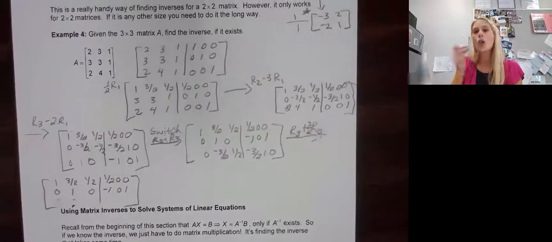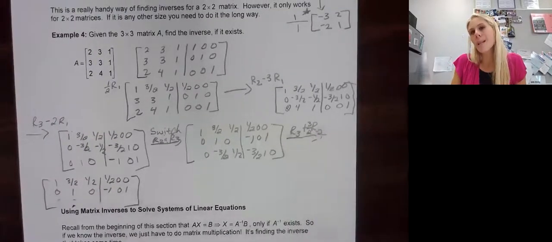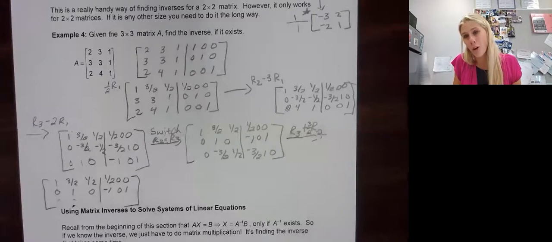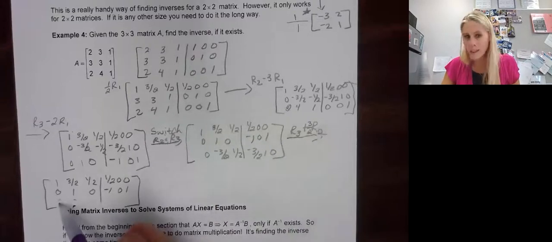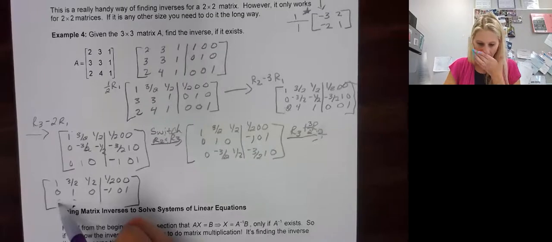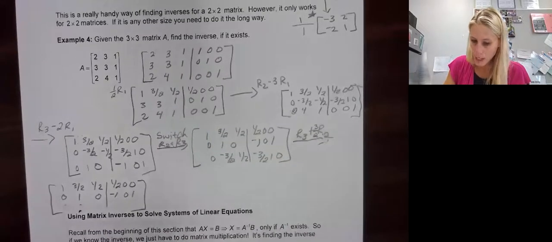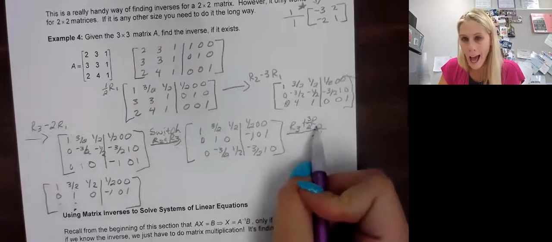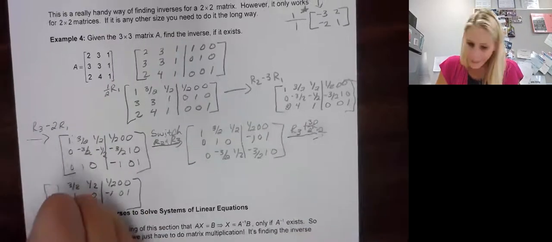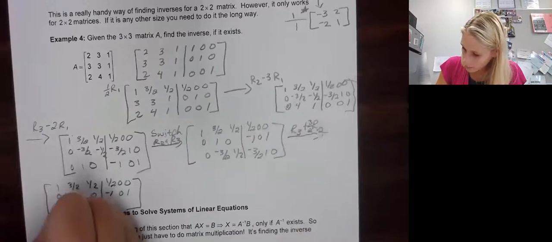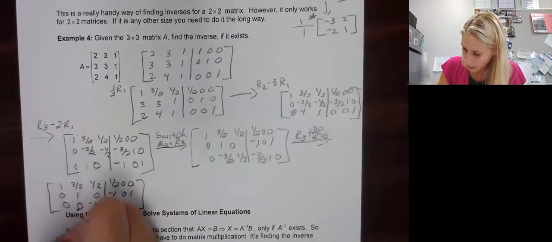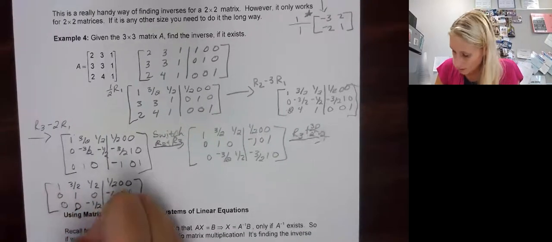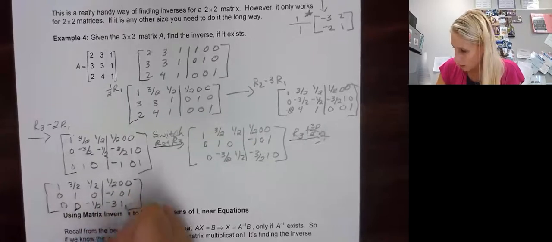Does everyone understand? I'm going to say that again. I could not add row 3 and row 1 because I would now have a 1 in that spot, but I want the 0 in that spot. So when I have row 3 plus 3/2 of row 2, I end up with 0, 0, negative 1/2, negative 3, 1, 3/2.